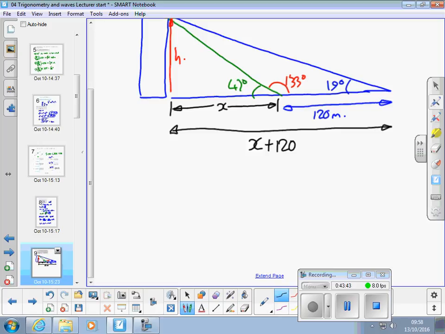Yeah, so we can write tan of 19 degrees is equal to h over x plus 120.